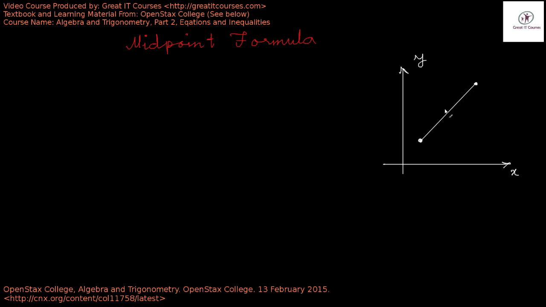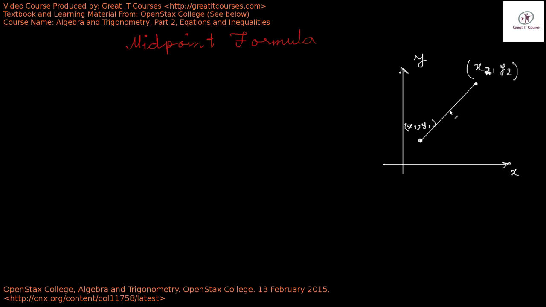Now, what we want to figure out here is, for the starting point, let's say the coordinates of this point are x1, y1. The coordinates of this point are x2, y2. That I already know.